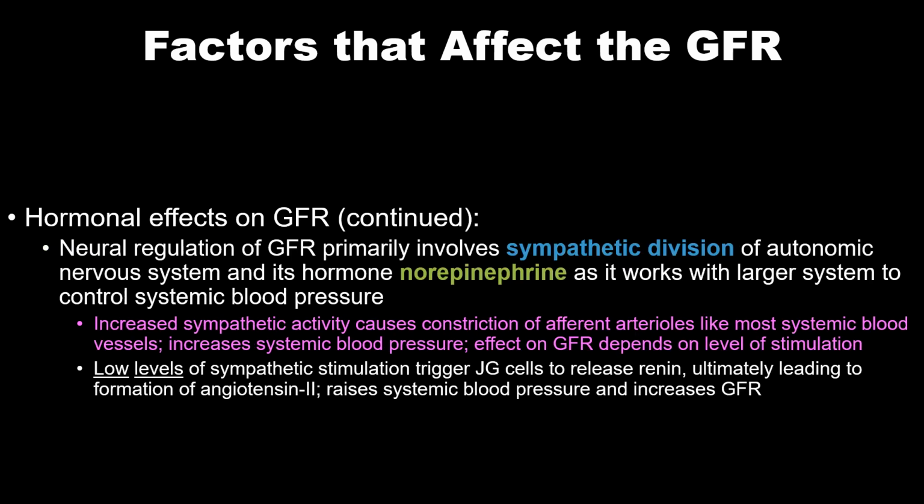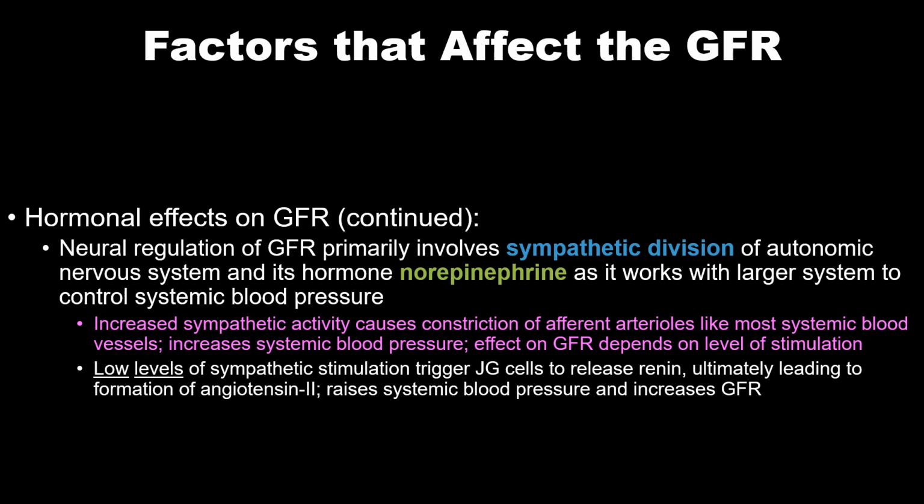Now, I said there's also neural regulation of the GFR, and it's mostly mediated by the sympathetic division of the ANS. And as with hormonal systems, the sympathetic nervous system, the SNS, affects the GFR mainly in a larger effort to control blood pressure. Sympathetic neurons releasing norepinephrine during times of increased sympathetic activity causes systemic blood vessel constriction.